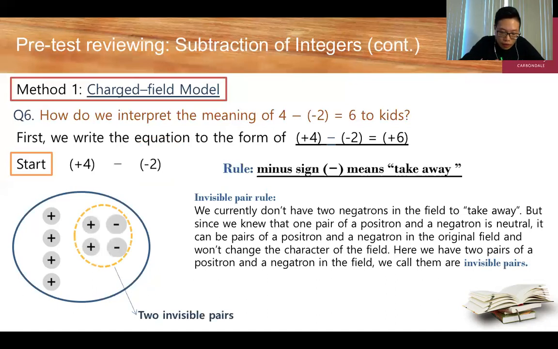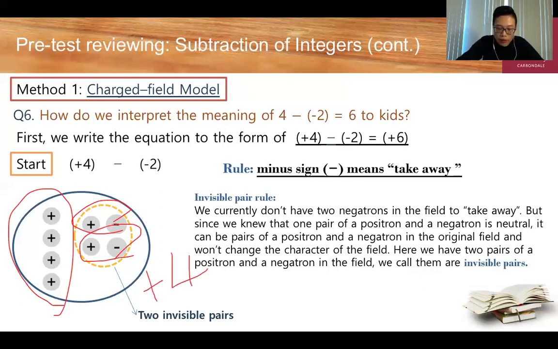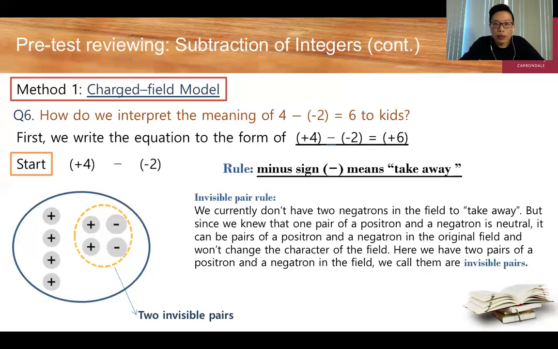Okay, these two pairs are invisible pairs in the field, and they won't make any change to this field. So the field right now is still 4 positrons in the field. Okay, still positive 4.